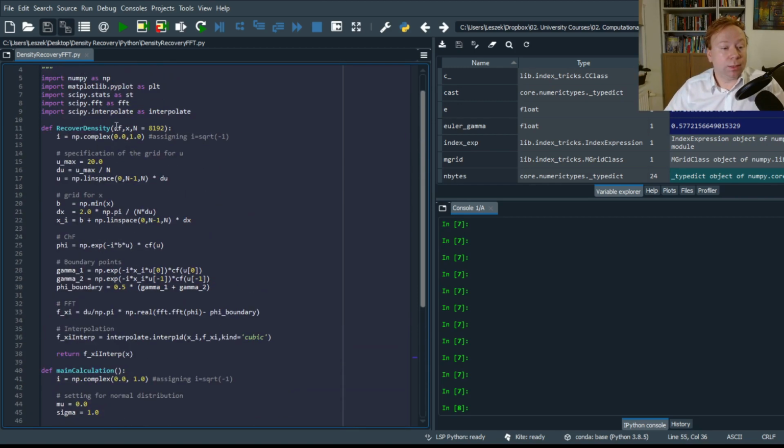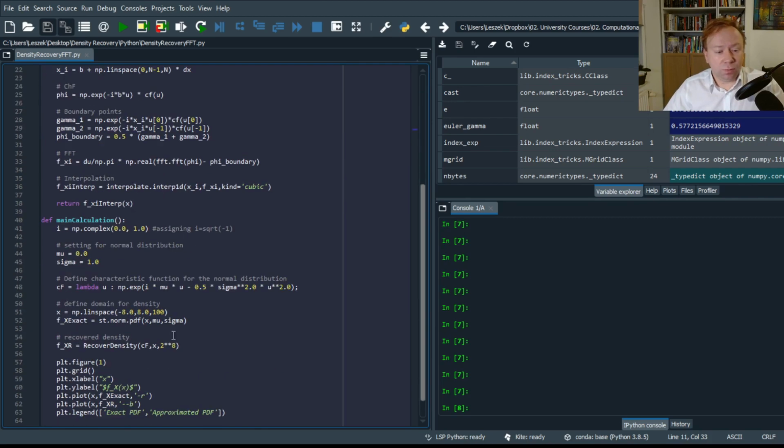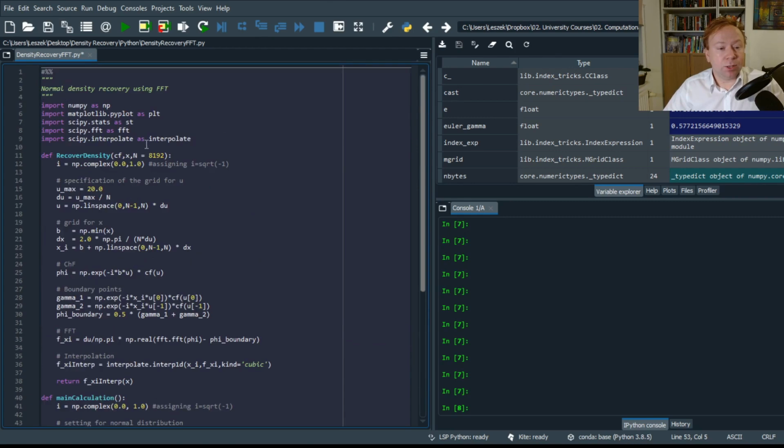Okay, so details regarding the recover density function. We have three arguments. As you can see, there is a default setting for the third argument. So if this argument is empty, so just leave it empty, then the third argument will be taken as default. I think this is 8 to the power 13 as the number of grid points.